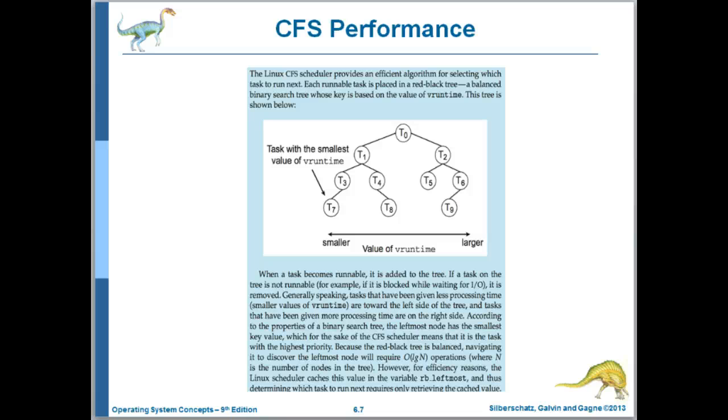So the highest priority process, the one with the lowest virtual runtime, will be the leftmost node in the tree, which you can see here. And when a task loses the processor, it's placed back in the tree, and whatever task is in this position will be run next.